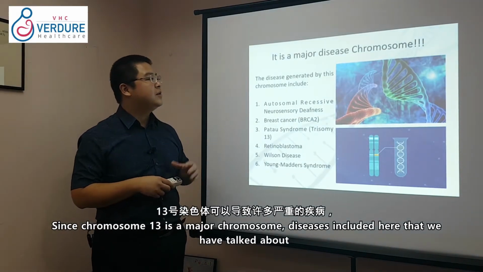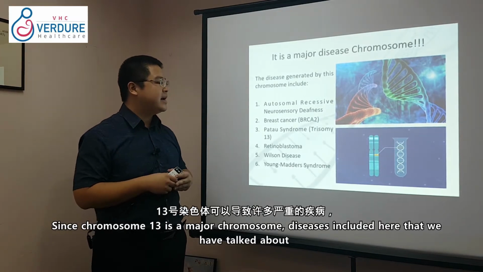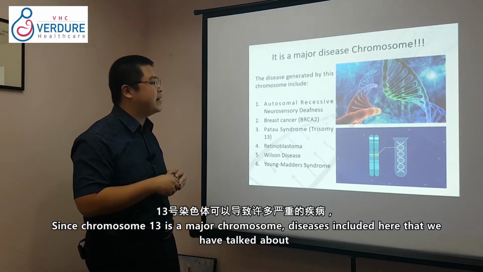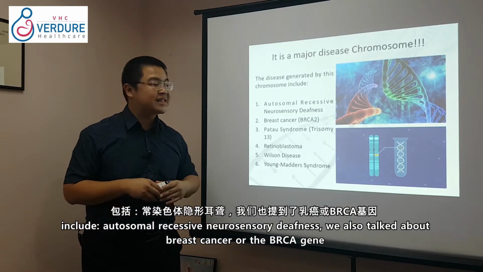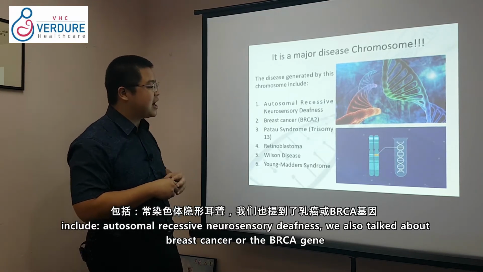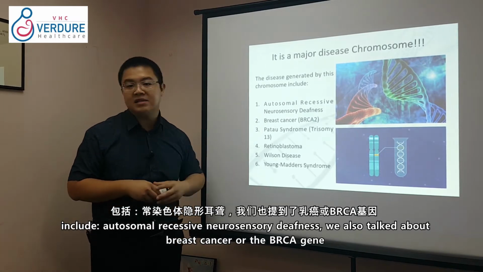Okay, so since chromosome 13 is a major chromosome, the diseases that we talked about include the autosomal recessive neurosensory deafness that we talked about last time. We've also talked about breast cancer, or the BRCA2 gene.